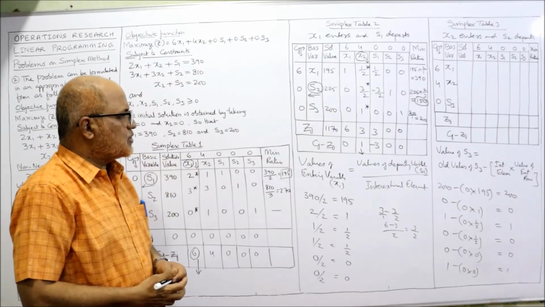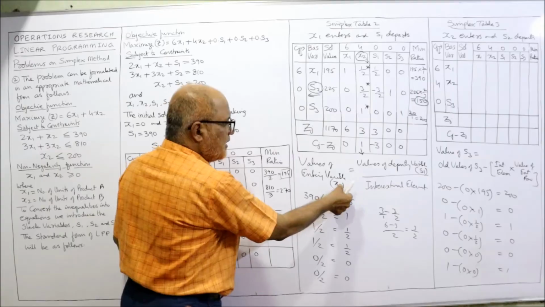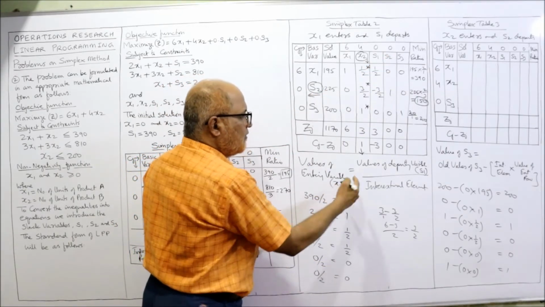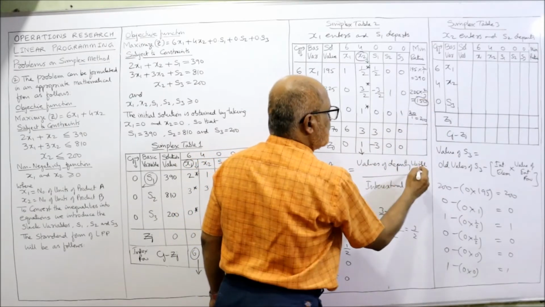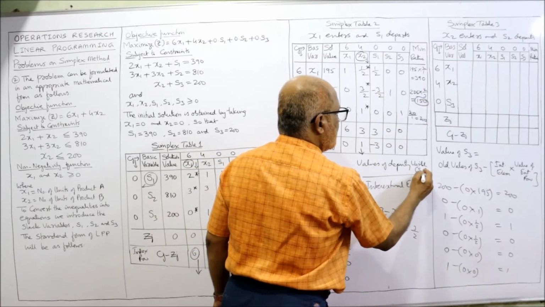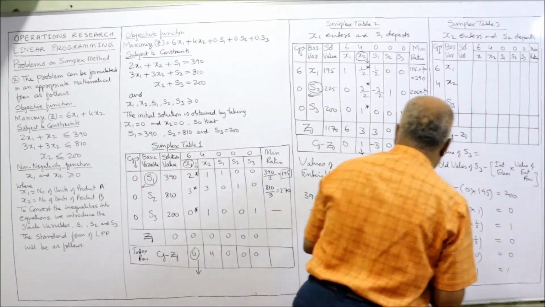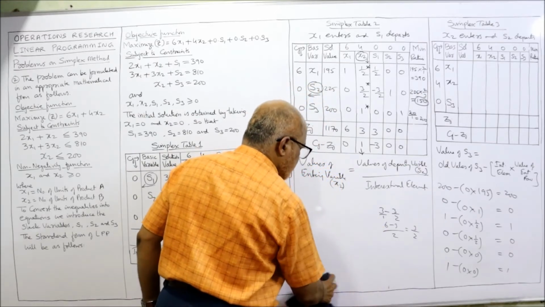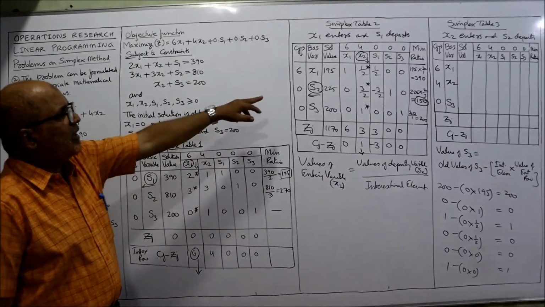Again same procedure. Values of entering variable. Which is the entering variable here? X2 is the entering variable. Values of departing variable. Departing variable is S2. Divided by intersectional element. So now I am going to calculate the values of the entering variable. Departing variable is S2.